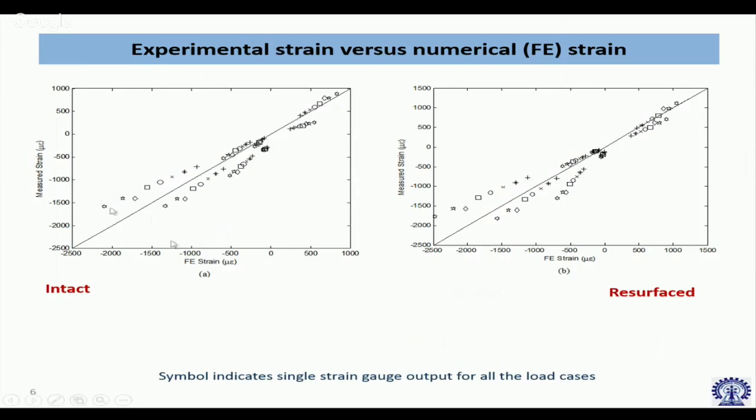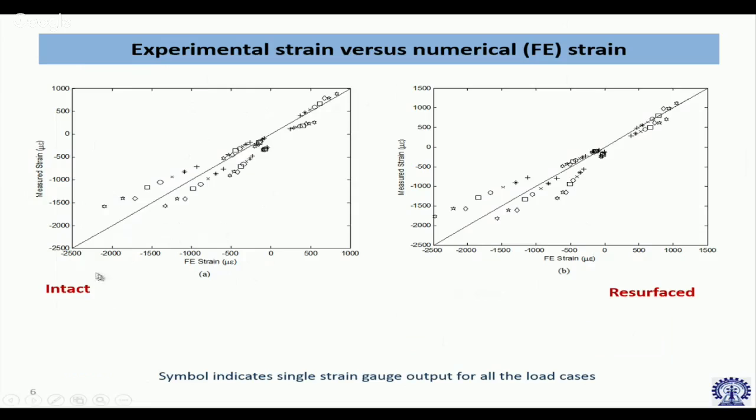These raw data should be compared at corresponding locations. When you compare them, you will get a scatter diagram of how much deviation there is between the FE predicted strain and the strain actually measured by the strain gauges.